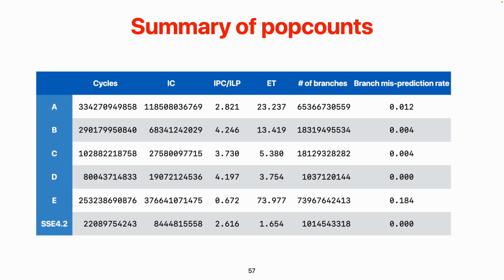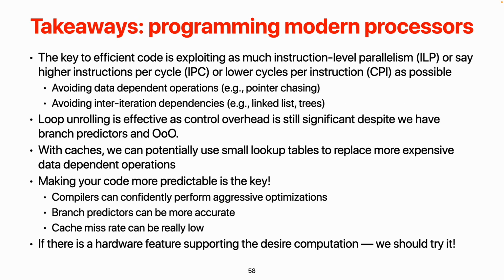The execution time is the fastest if you leverage all the software effort, which is the D version, right? However, one thing to be aware of. So here is a summary of how to program. And the last thing is that if there's a hardware feature supporting the desired computation, we should try it, right?